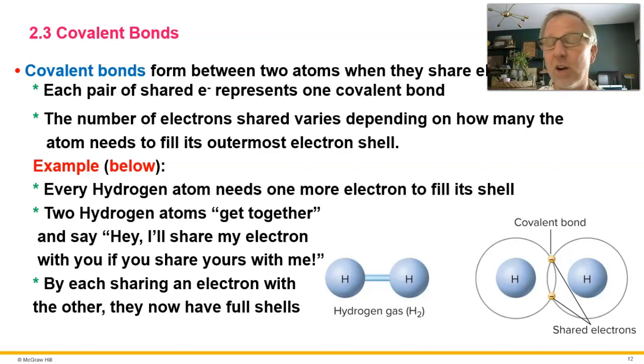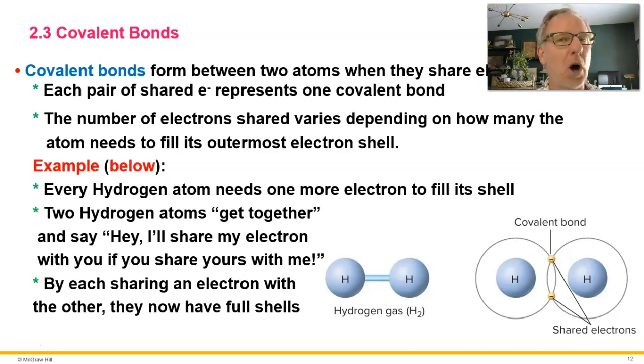The second shell holds how many electrons total to be full? Holds 8. Needs 8 electrons, and the carbons only have 4 in their second shell. Therefore, carbons need how many more electrons to get to 8? They need 4 more.